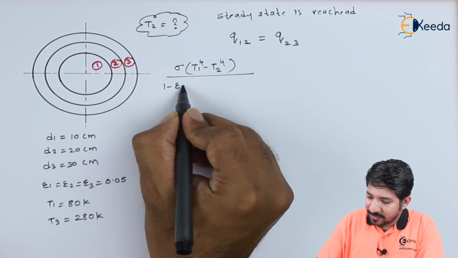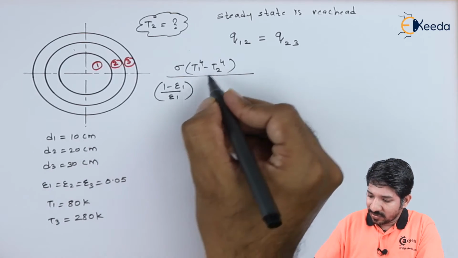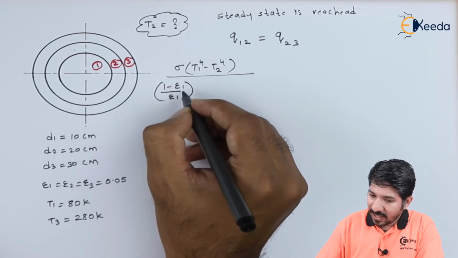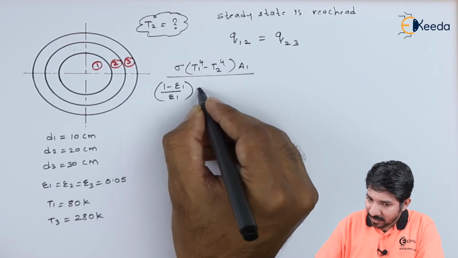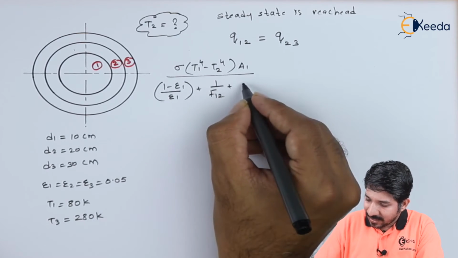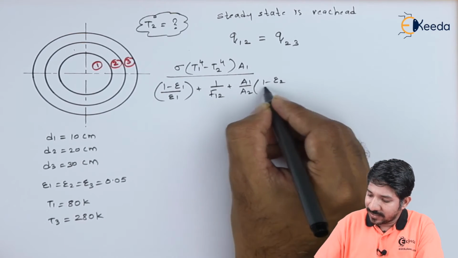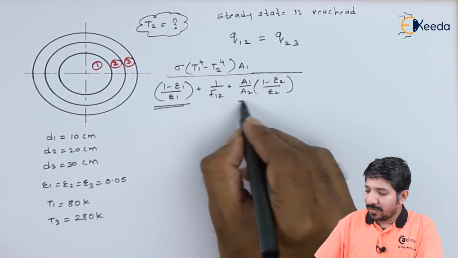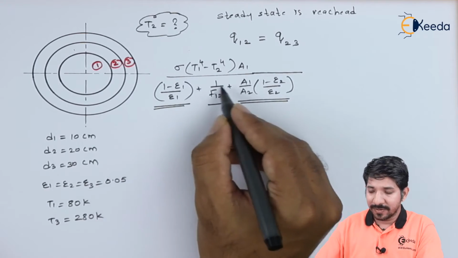So this is (1 minus emissivity 1) upon emissivity 1, the surface resistance of body 1, and the area I have taken outside and called A1. Plus 1 upon F12, plus here I have the ratio A1 by A2 in the bracket (1 minus emissivity 2) upon emissivity 2.